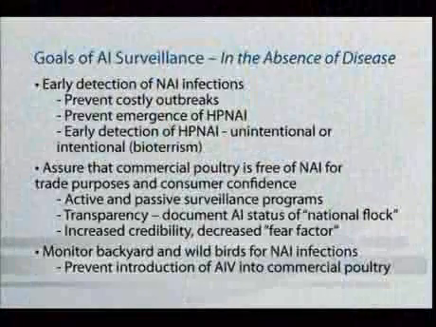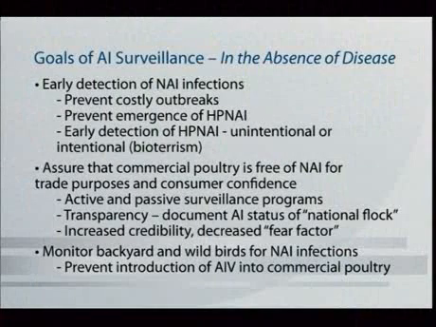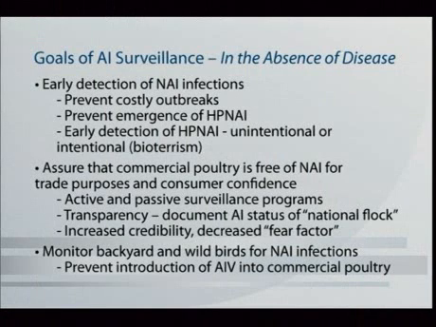And of course, to do this, you have to have a combination of both good active and passive surveillance programs. And doing so will allow good transparency of disease reporting to give some indication of what the status of the national flock is in regard to avian influenza.